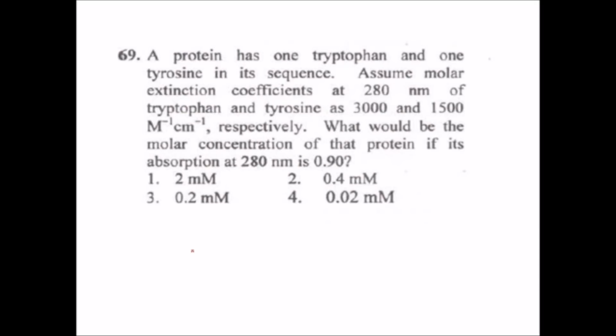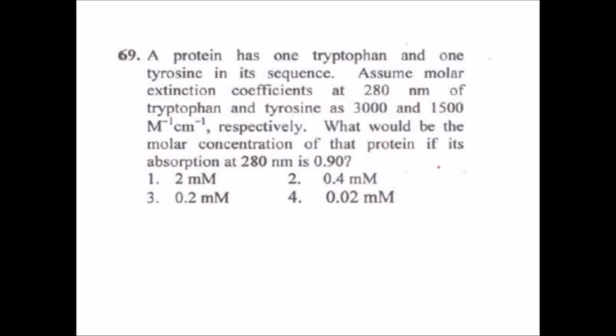Next question is, the protein has one tryptophan and one tyrosine in its sequence. Assume the molar extinction coefficients at 280 nanometer of tryptophan and tyrosine are 3000 and 1500 per molar per centimeter respectively. What would be the molar concentration of that protein if the absorption at 280 nanometer is 0.90?